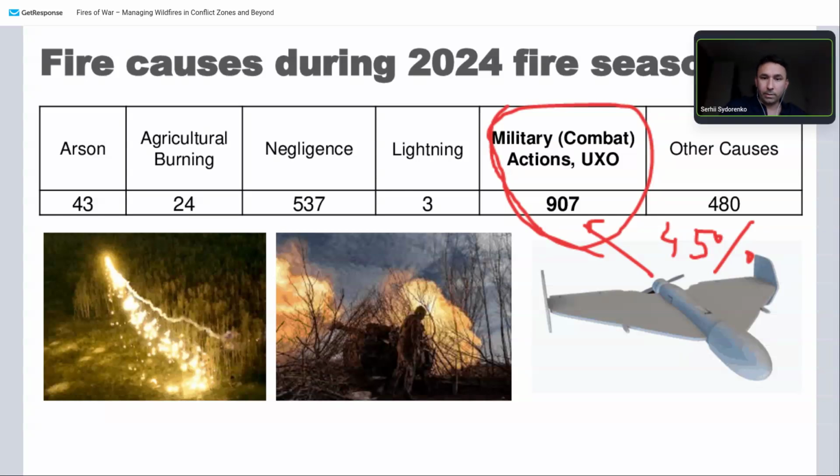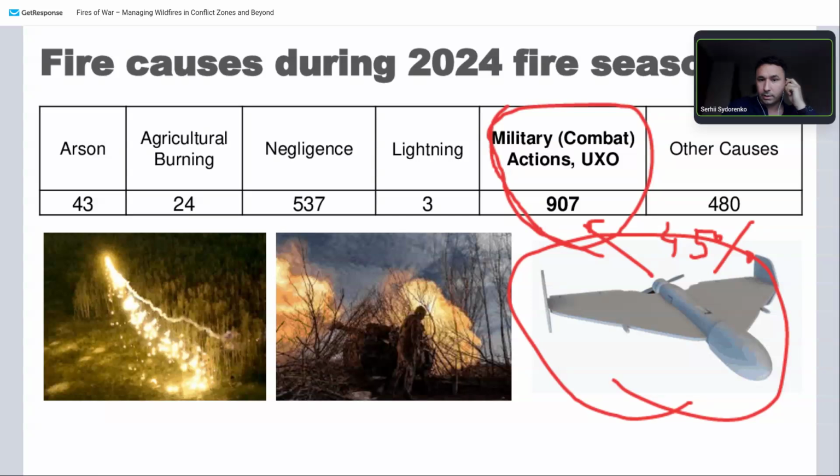And we have this big amount of causes because those kinds of drones are long-range weapons. They can fly more than 1,000 kilometers, and they are very slow, and they are a very simple target for air defense.